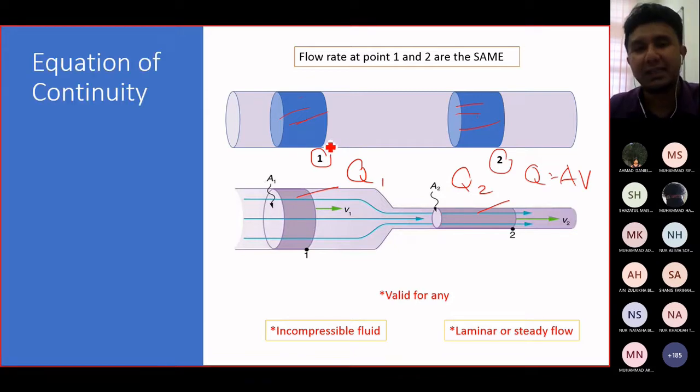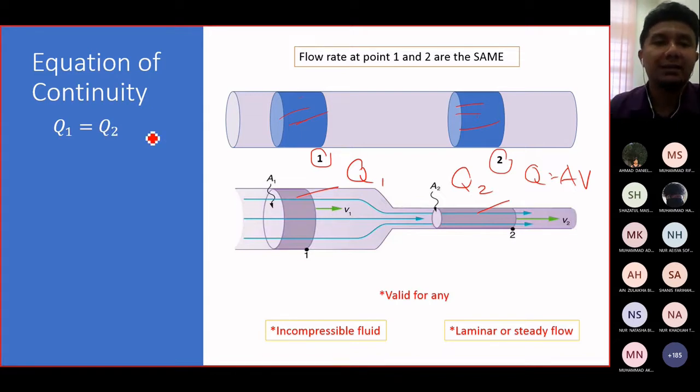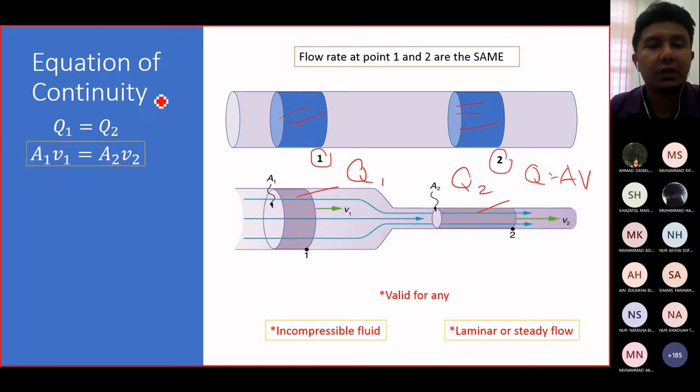The equation of continuity states that Q1 equals Q2, or we can write it like this. If I ask you in the exam what is the equation of continuity, you can write this straight away.